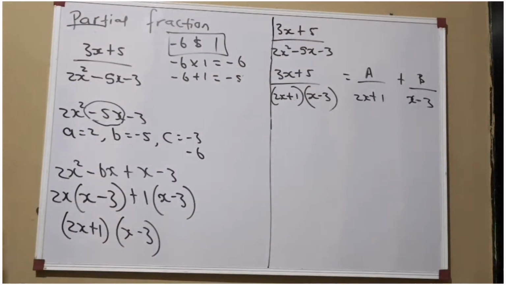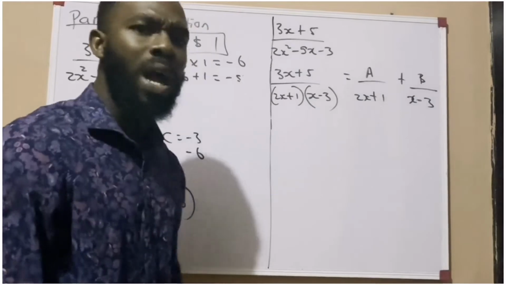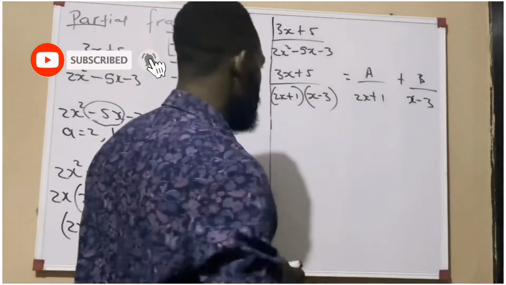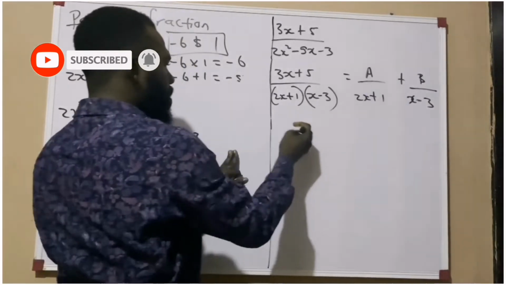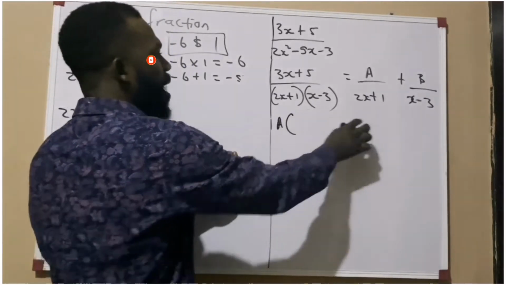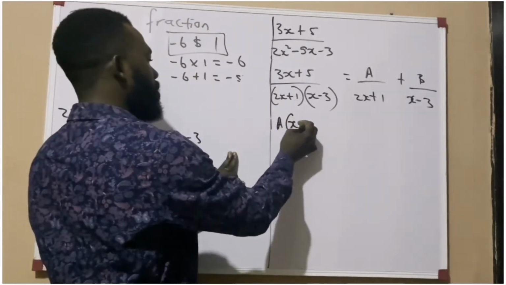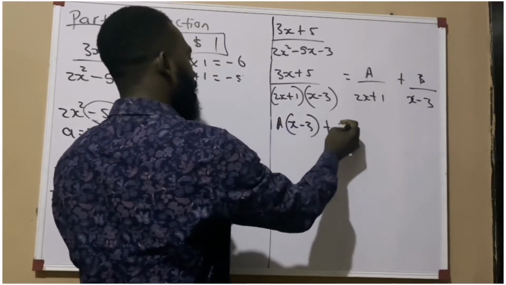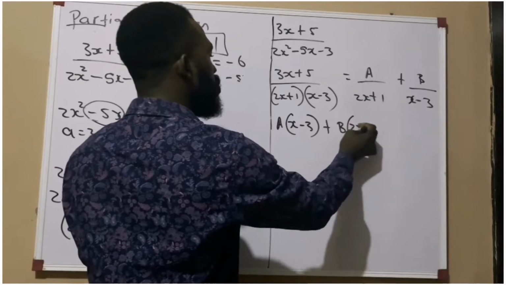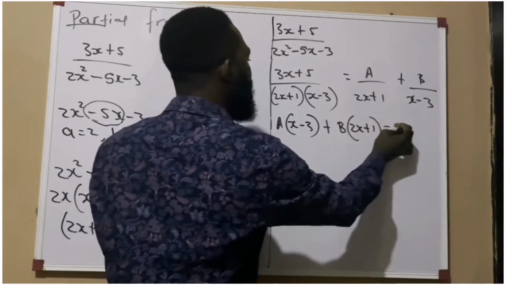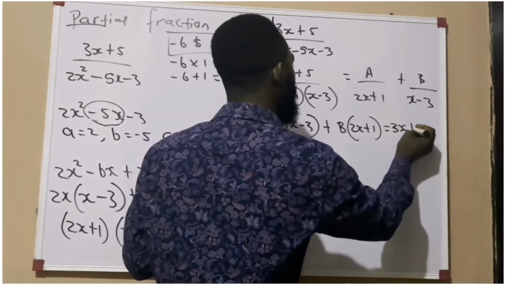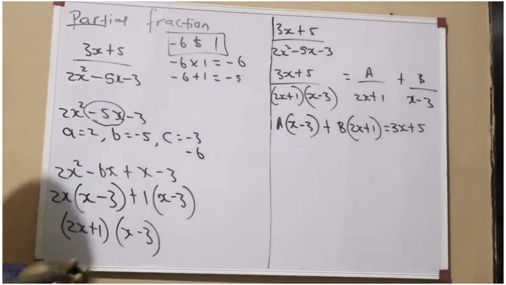Now, how can we do that? If we want to solve for the value of A, this is what we're going to do. A into the bracket of x minus 3 plus b into the bracket of 2x plus 1 equal to, what do we have as our numerator? 3x plus 5.